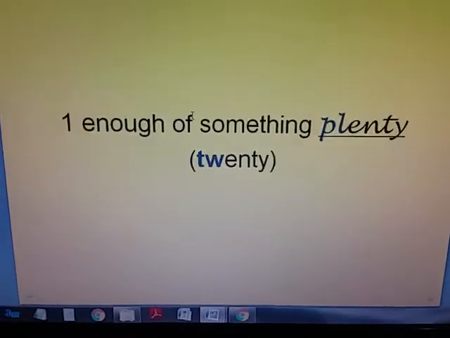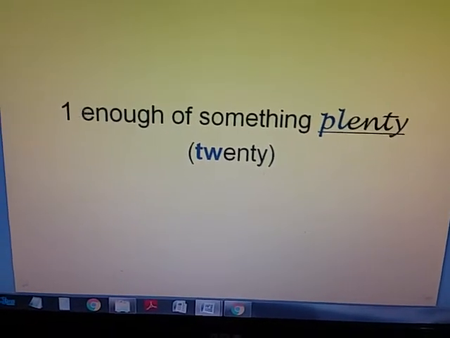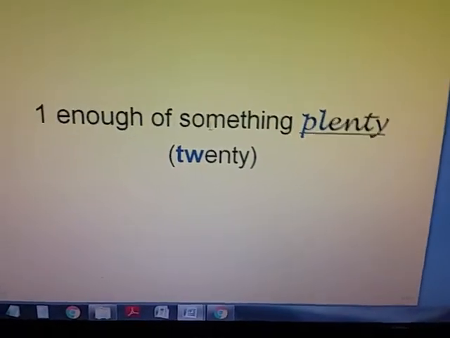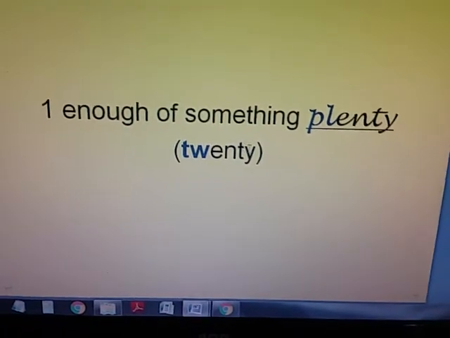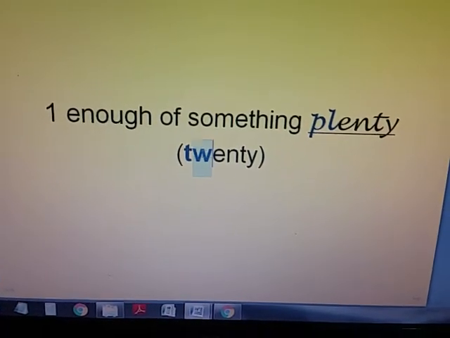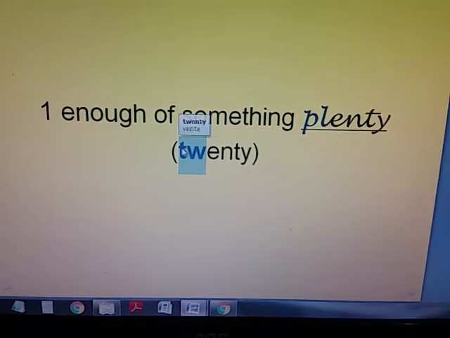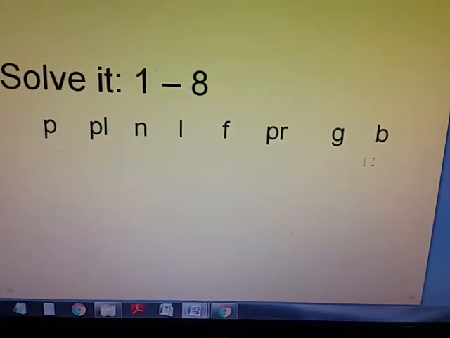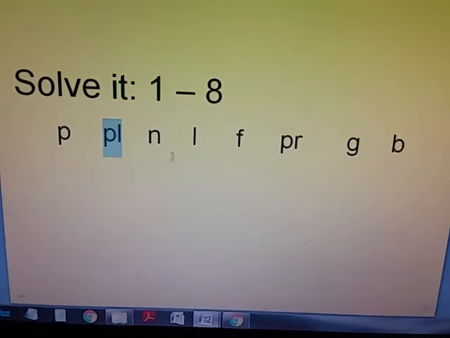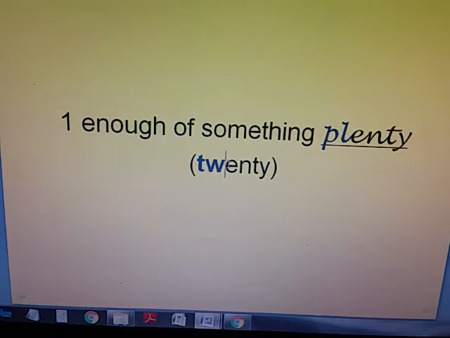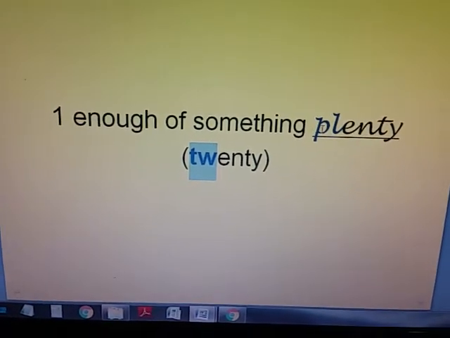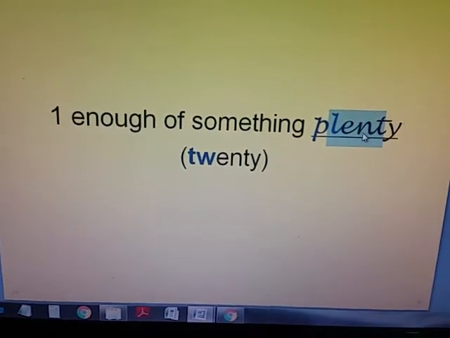Listen, here I have an example on number 1. The question says, enough of something. And we have the word 20 in parentheses. We need to replace T and W by one of these sets. So we're gonna use PL. Once replacing TW for PL, we get the word plenty.